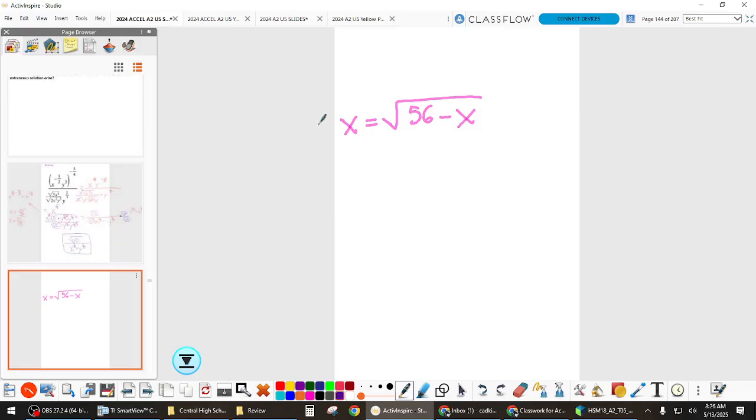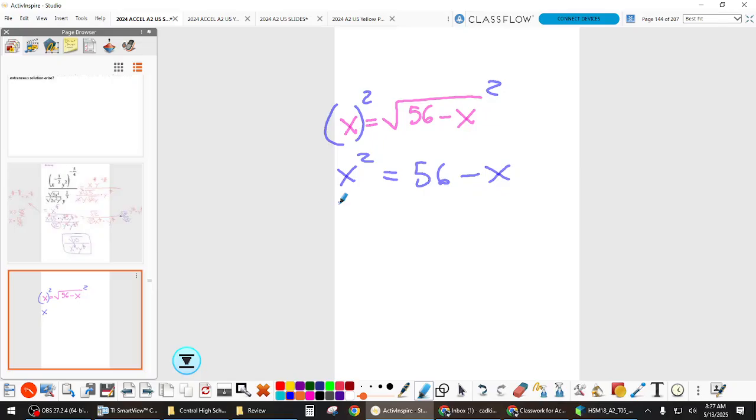So we just need to square both sides to get rid of the radical. In this case, there's nothing tricky or funny going on about this. Not square root, square. Okay, what happens on the right side when we square that? 56 minus x.